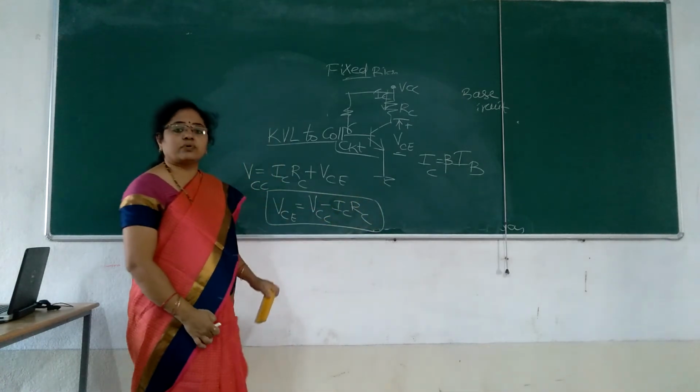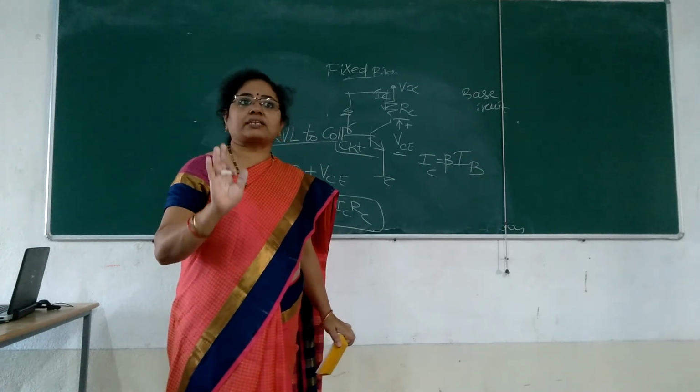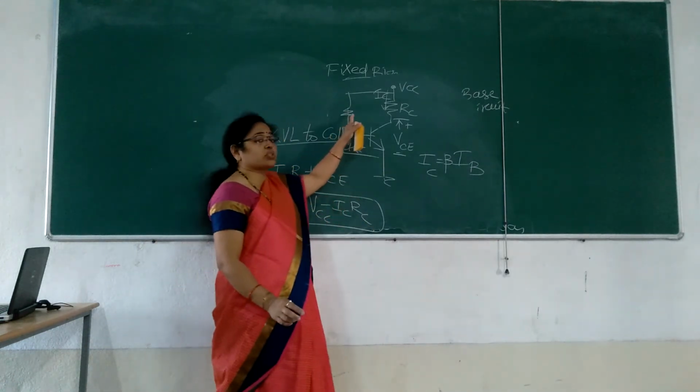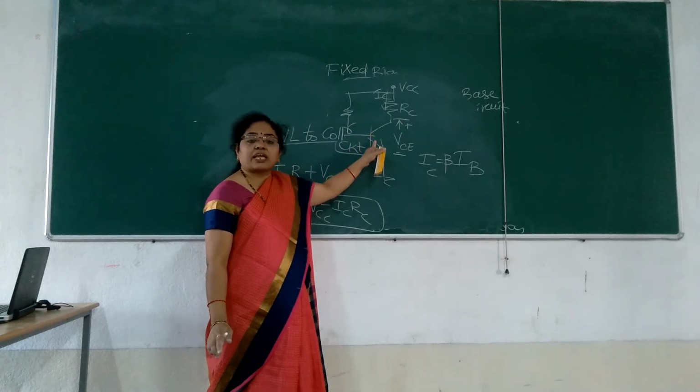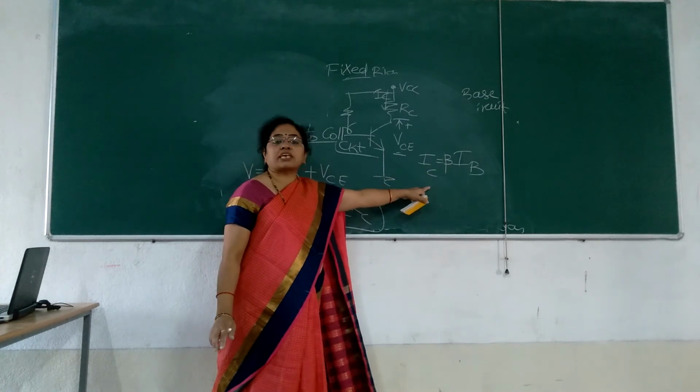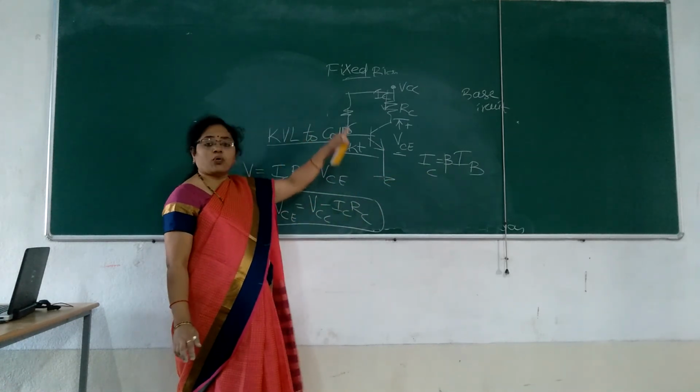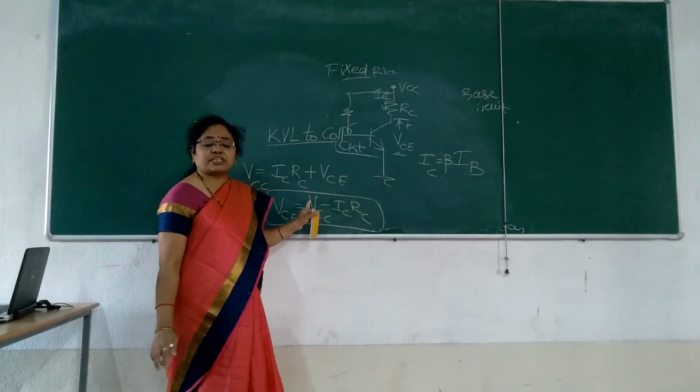That's all. For any biasing technique we need to find these things. Write KVL to the base circuit and obtain the expression for IB. From IB, beta times IB will give IC. Write KVL to the output circuit and you will get VCE.